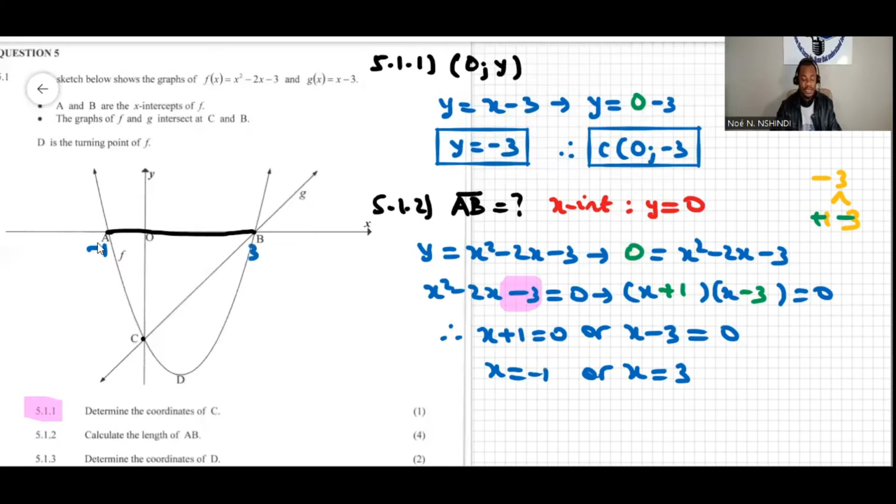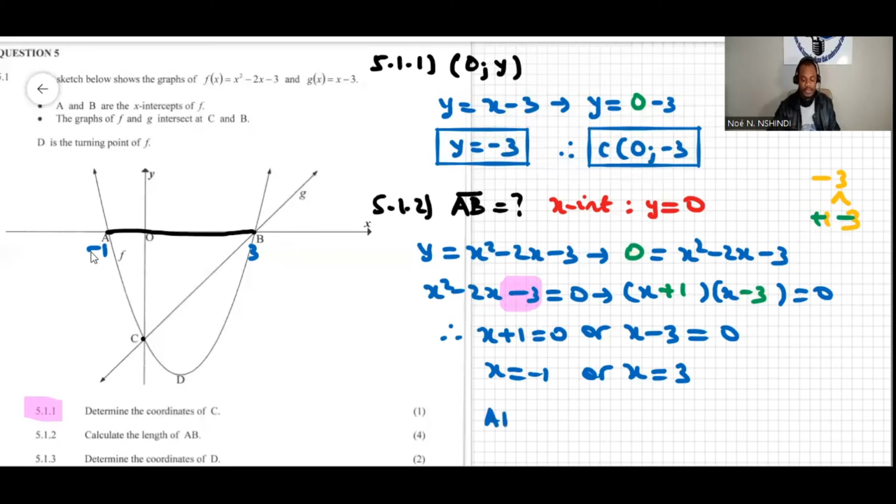Now to find the length AB, we can use the distance formula. But usually when we have a horizontal line or vertical line, we just consider the coordinates. We just want to say 3 minus -1.